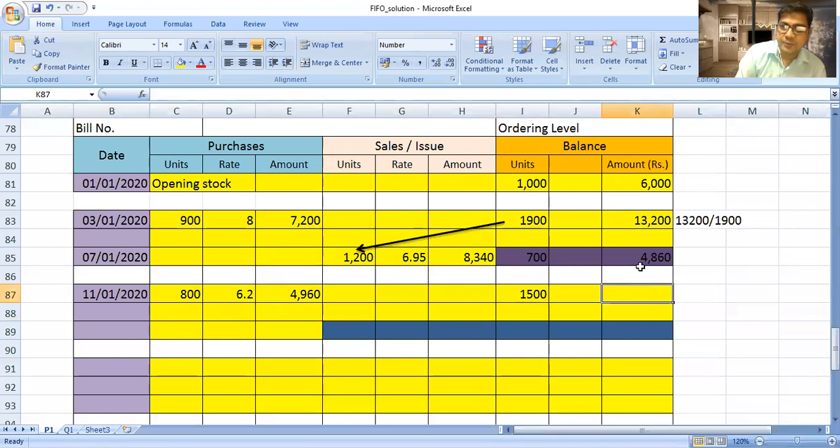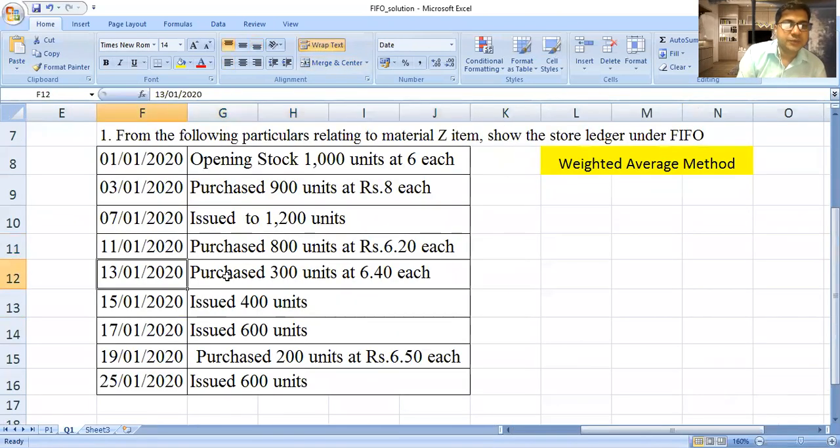Now we have the previous closing rupees 4860. We have to add the new purchase in rupees 4960, which is equal to 9820. After recording 11 January's purchase transaction, on 13 January again they purchased 300 units at 6.40 per unit.